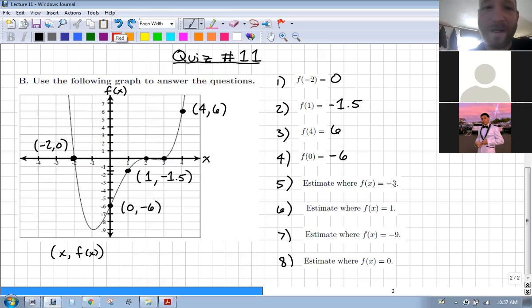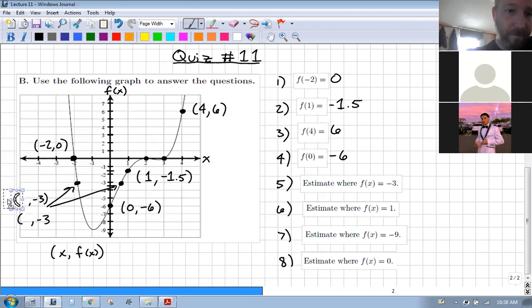So here they say y is negative 3. So if I go down 3, there's 2 points here, right? They both have a y value of negative 3. See the first one, the x value is maybe a negative 1.8.